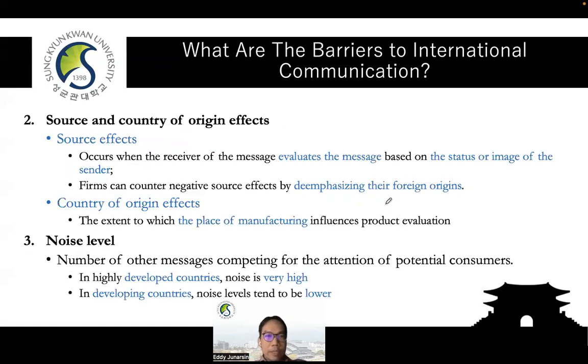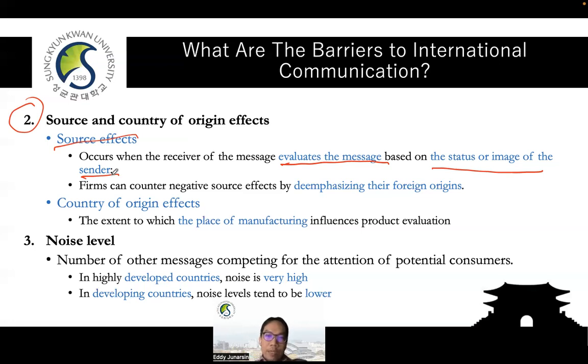So again, cultural barriers. And also we have to admit that, to a certain extent, we can call it a bias, right? The source effect. The source effect happens when the receiver of the message evaluates the message based on the status or image of the sender. So knowing this fact, especially in a certain country, we should use a reputable influencer.